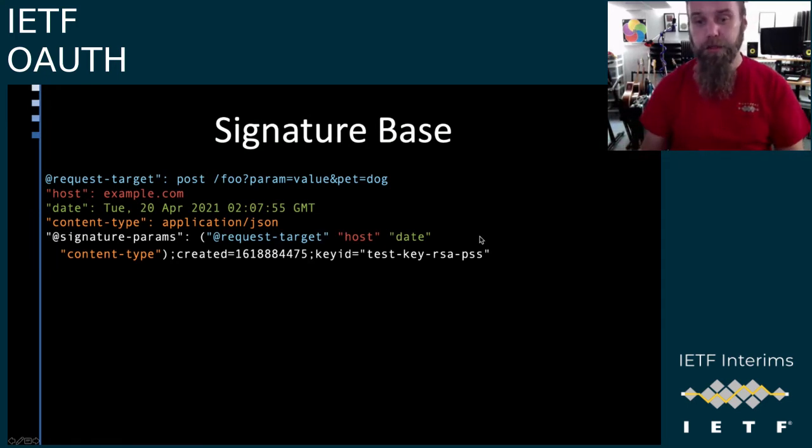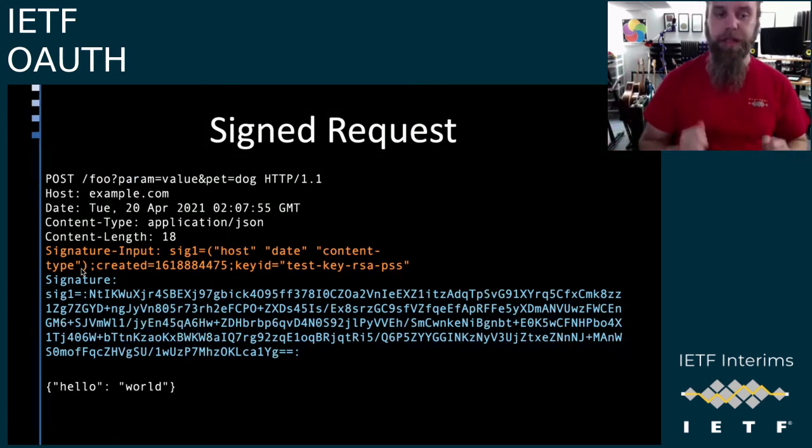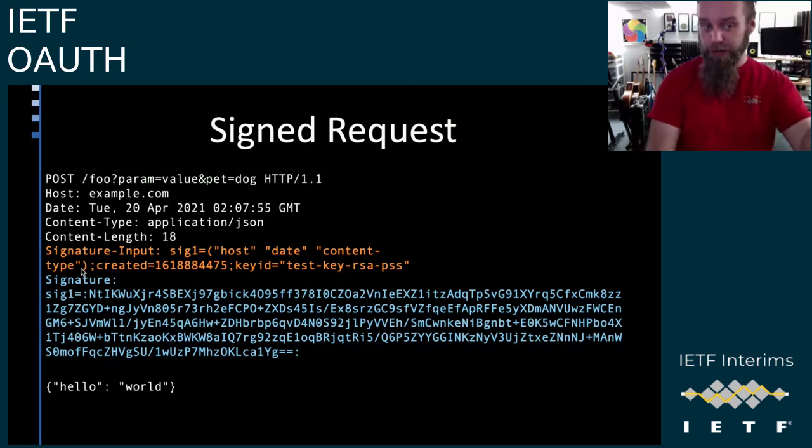And that's the string that ends up in the header that you actually send to the verifier. So this gives us a way to pass a lot of information between the signer and the verifier without relying on this entire message as a string to survive intact.